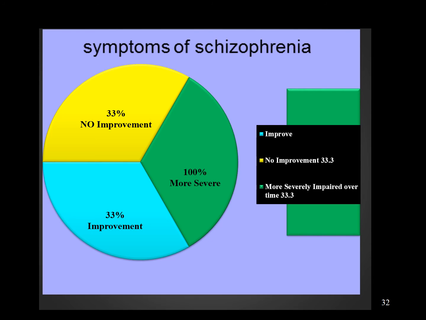It usually starts with a gradual decline in functioning, and this decline may include symptoms such as social awkwardness, shyness, peculiar behavior, lack of initiative, or difficulty in work or school. Eventually, the person experiences a psychotic episode in which the person meets the full diagnostic criteria for schizophrenia.